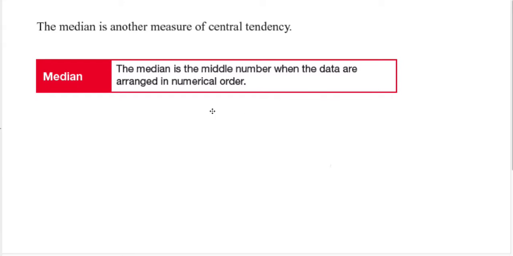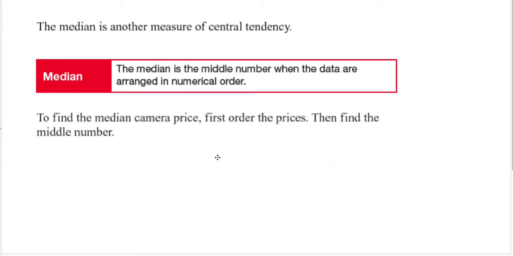To find the median camera price, first order the prices from least to greatest, and then find the middle number.